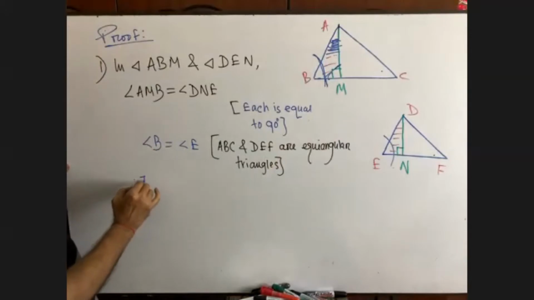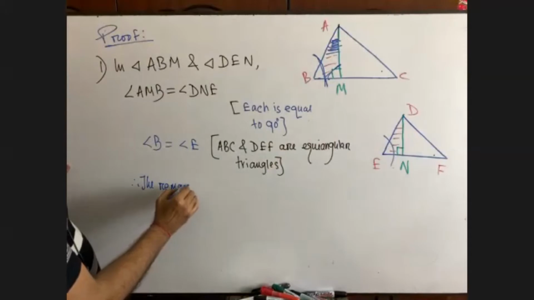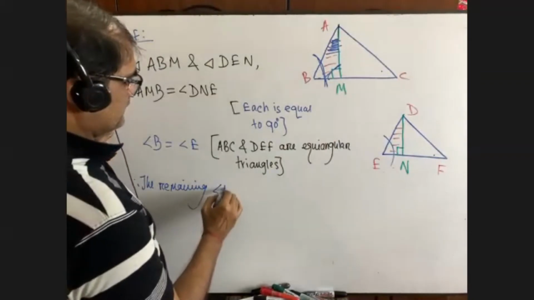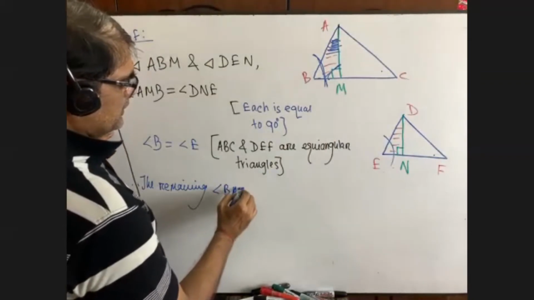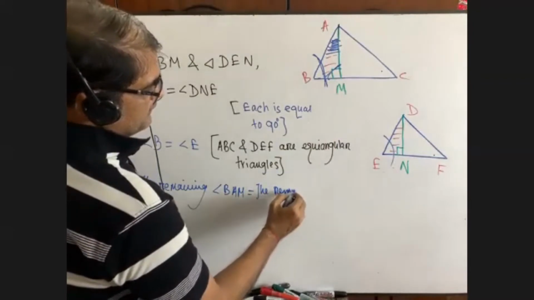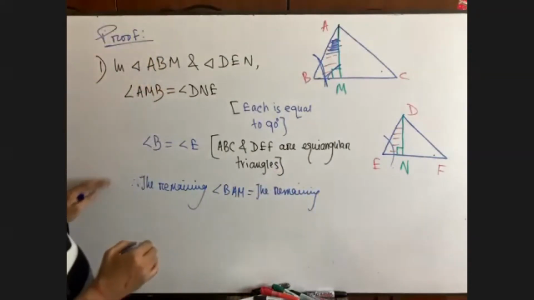Therefore, the remaining angle BAM is equal to the remaining angle EDN.